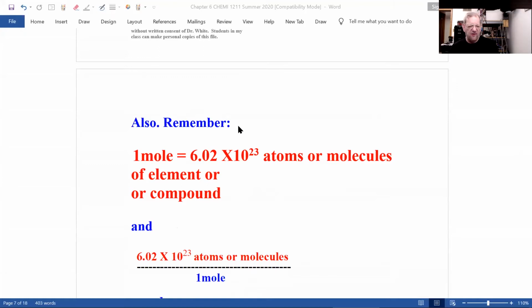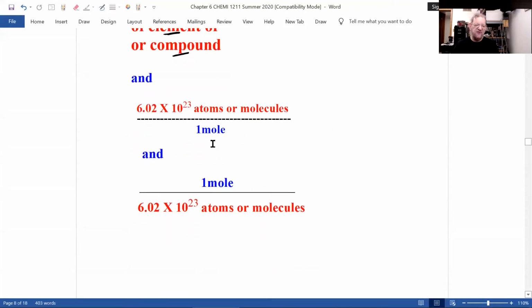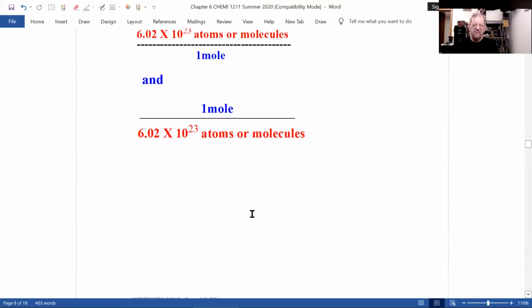And therefore, 1 mole of an element is Avogadro's number of atoms of that element. 1 mole of a compound equals Avogadro's number of molecules of that compound. And you can have the 2 ratios, Avogadro's number of atoms or molecules per mole, or 1 mole per Avogadro's number of atoms or molecules.